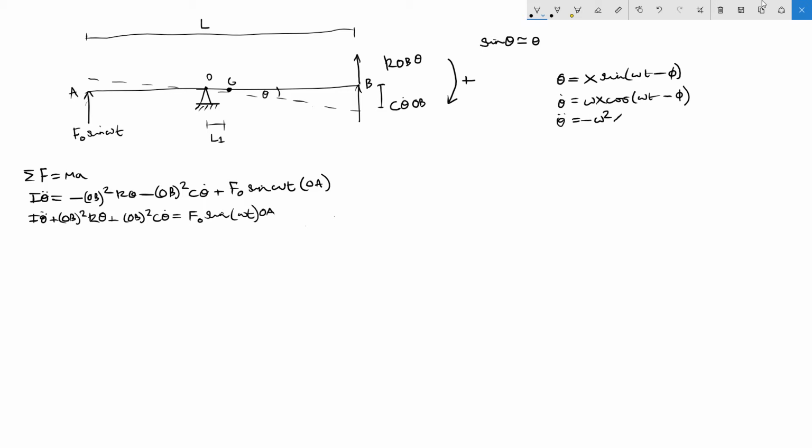It's going to be omega squared x sine(omega t minus phi). Now we can substitute these values for theta, theta dot and theta double dot into our equation of motion over here.